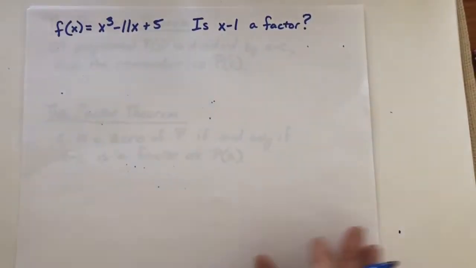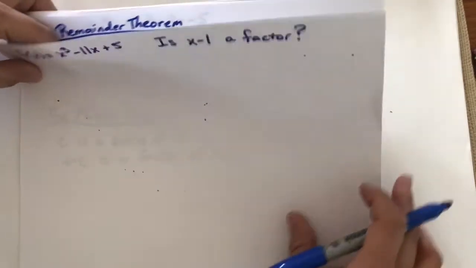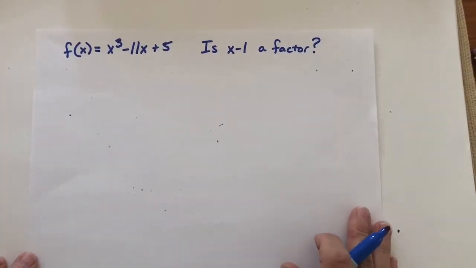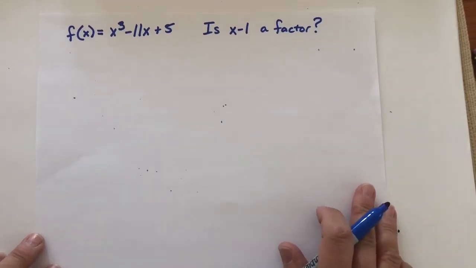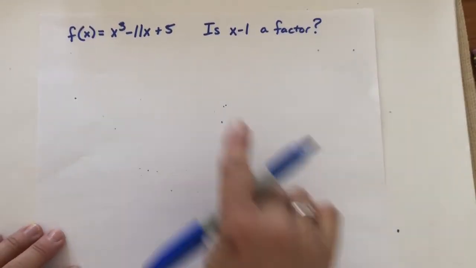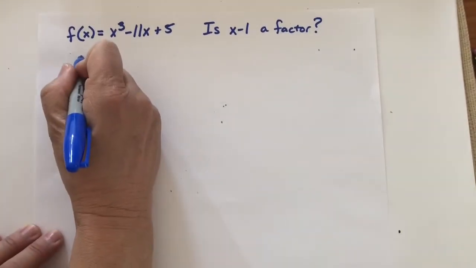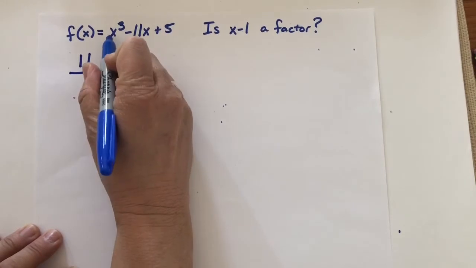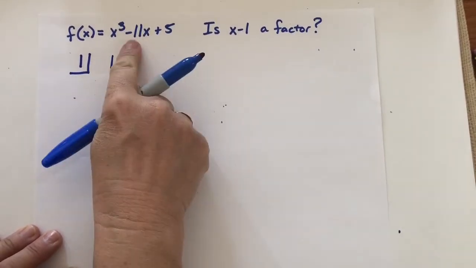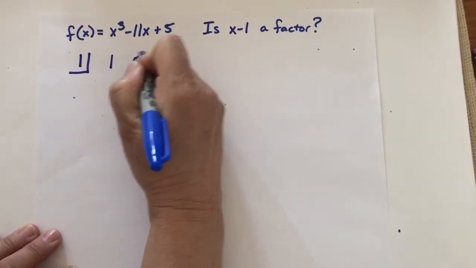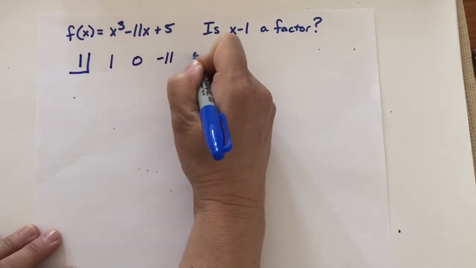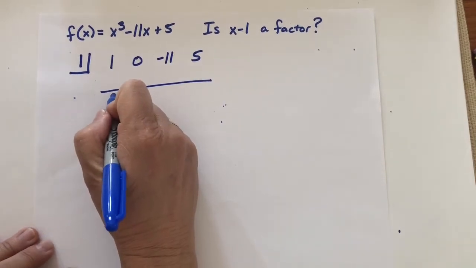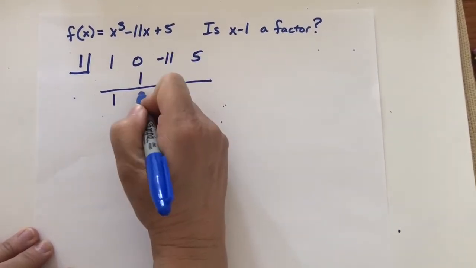Let's do another problem. We have f of x equals x cubed minus 11x plus 5. Same kind of question, is x minus 1 a factor? So let's try. We'll put 1 here. Our coefficients of our polynomial are 1. Remember, there's a missing term, so we'll put in a 0, negative 11, and 5. So I bring down the first number, multiply, and add, and continue.